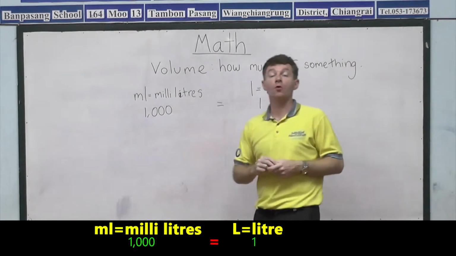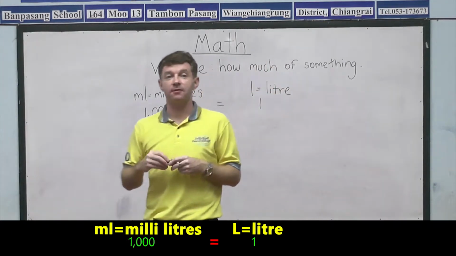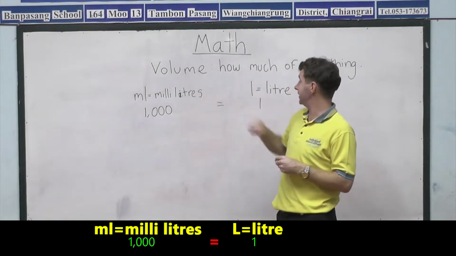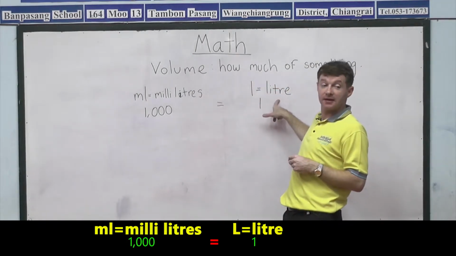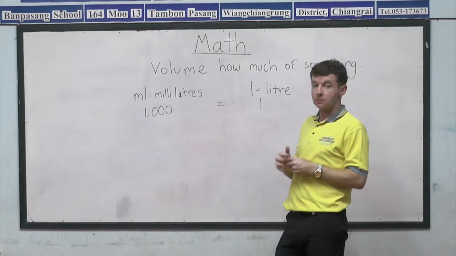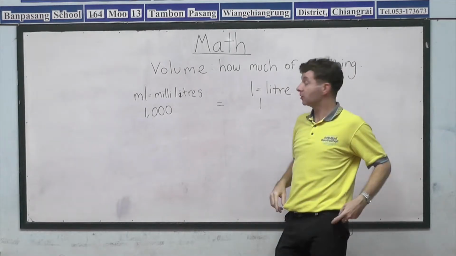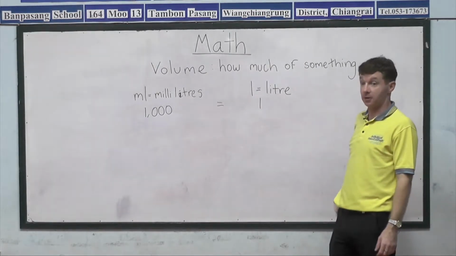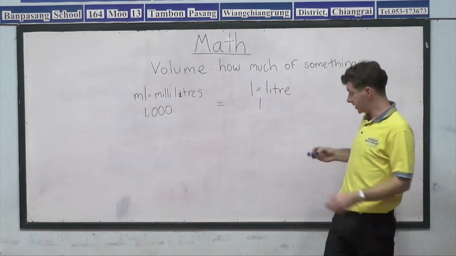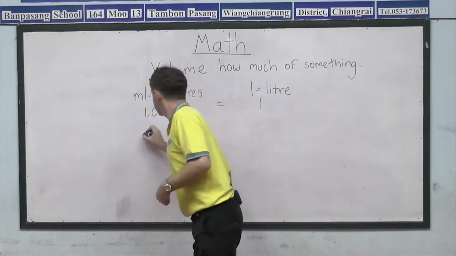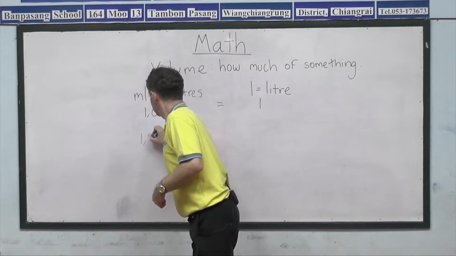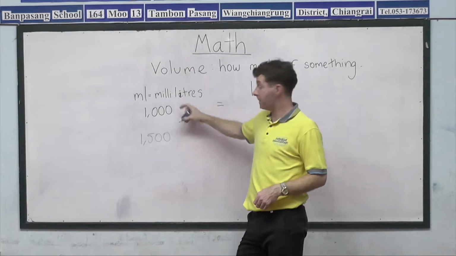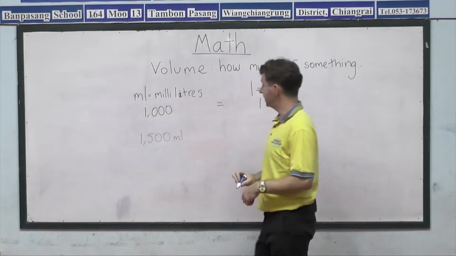So now we're going to have a brief board activity to recap the units of volume, milliliters and liter. Okay, so we know 1,000 milliliters is 1 liter. So next, I will write an amount of milliliters.